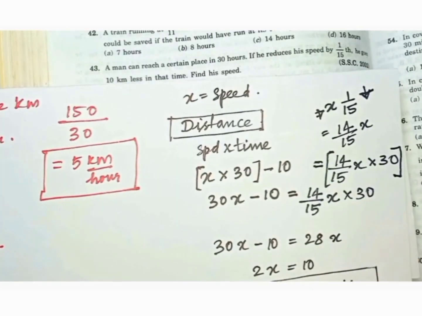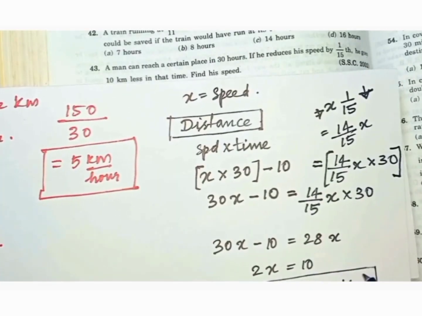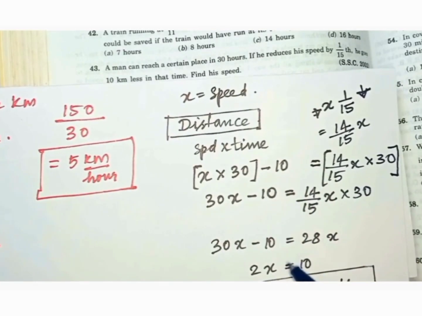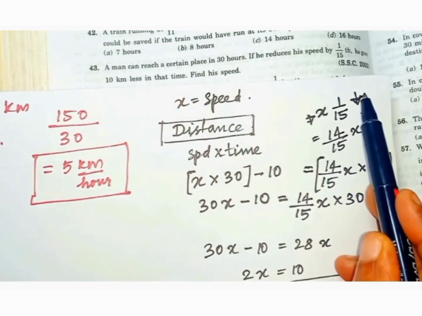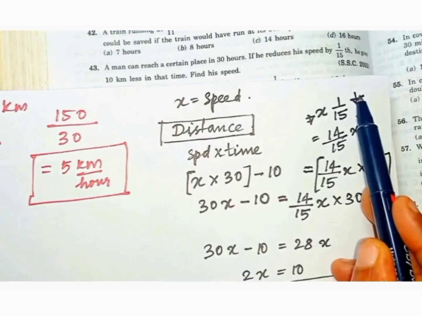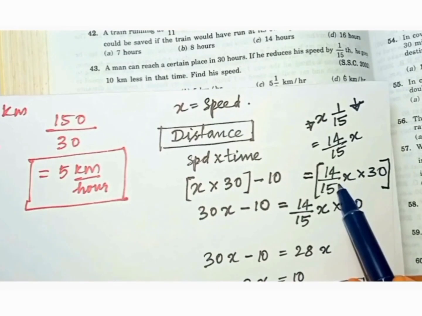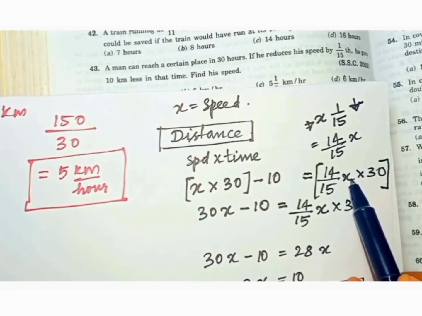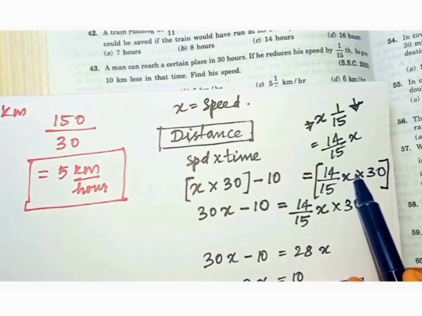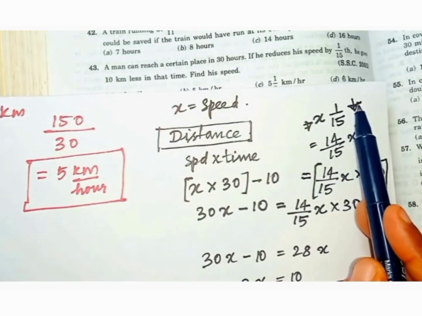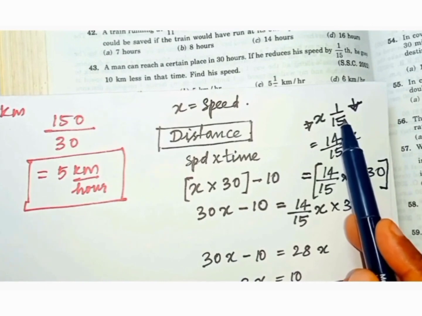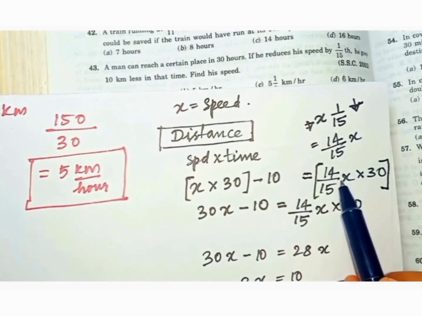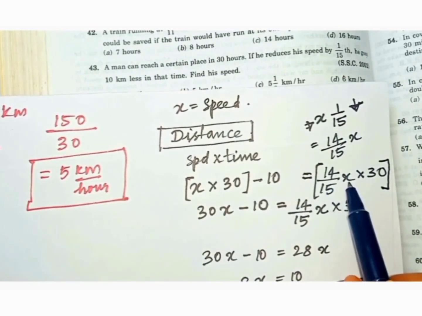This might look very small in solution, but this takes little critical thinking while we reduce the speed, with respect to how much actual speed it is taking after reducing the speed. That is, 1 by 15 is just an information given regarding his actual speed.